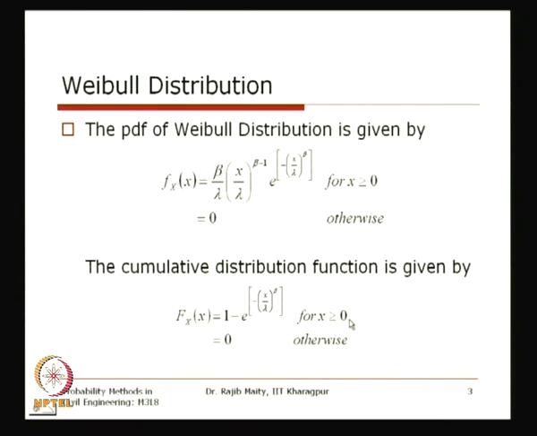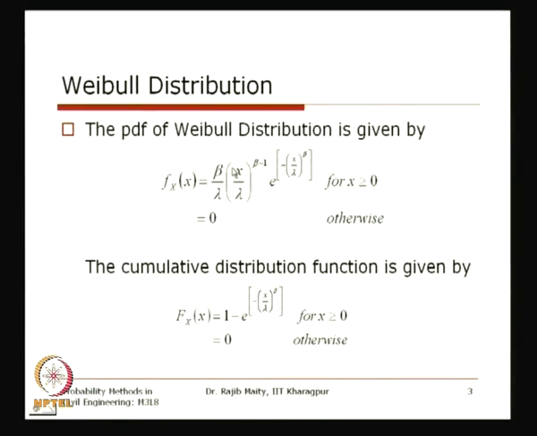If we compare this with the distributions we discussed earlier, the exponential distribution and the gamma distribution, this distribution is a kind of generalization of those, and we will show how it is related to them.